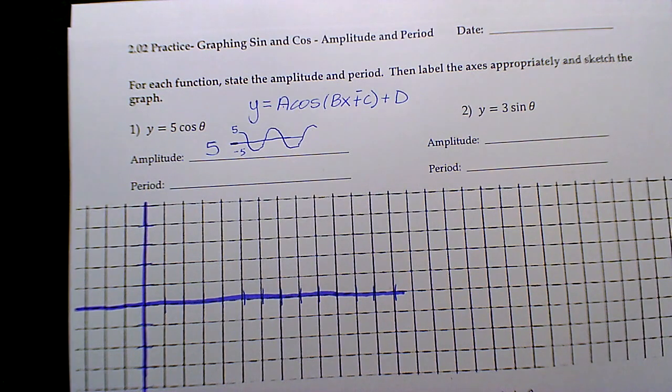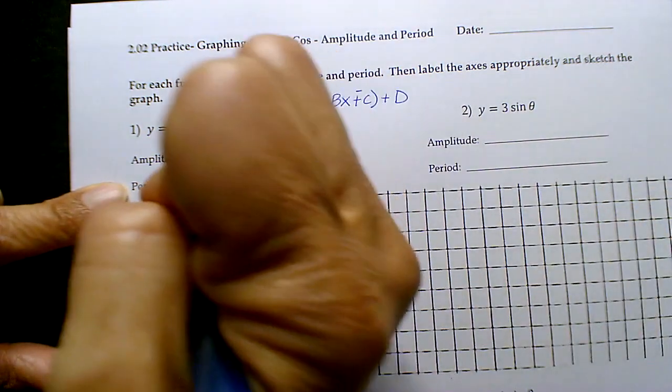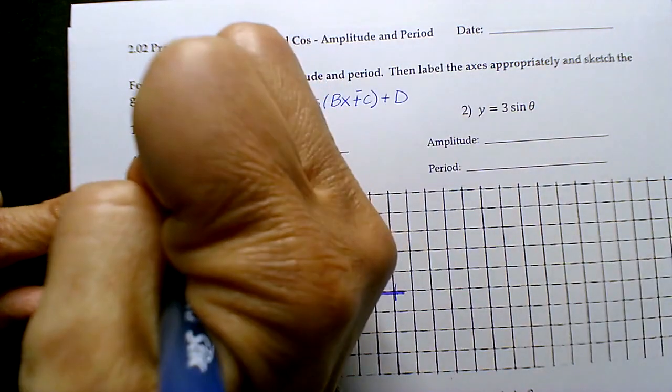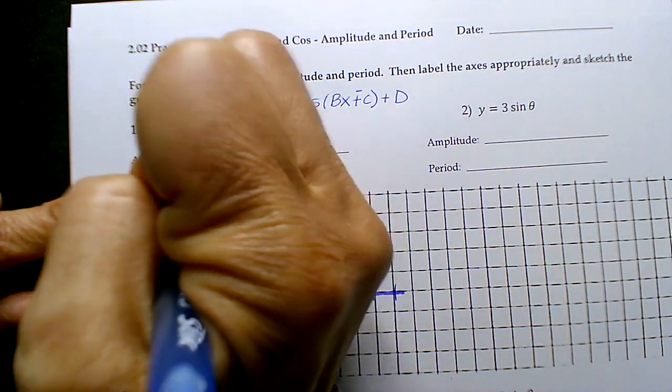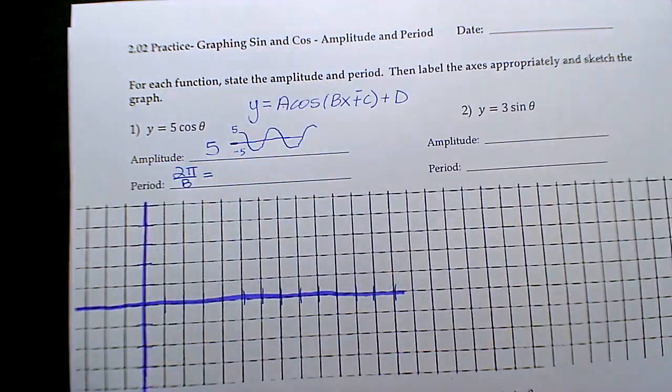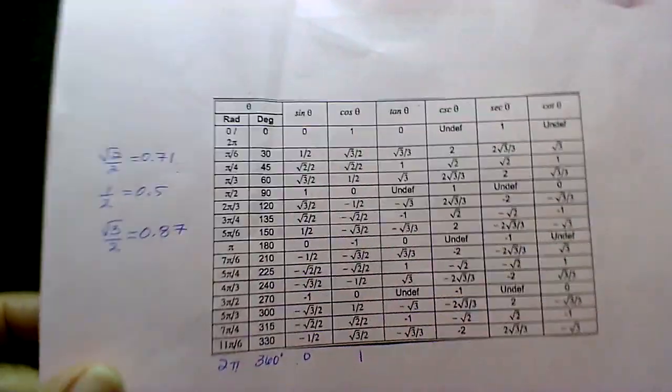Okay, what's our period? We have not shifted the period. To calculate the period, traditionally it is 2 pi, which is 360, and you divide by the b value. Why is it 2 pi?